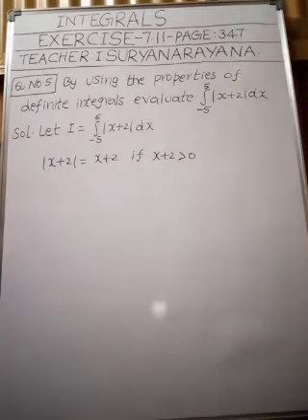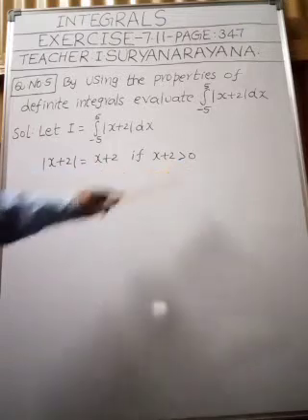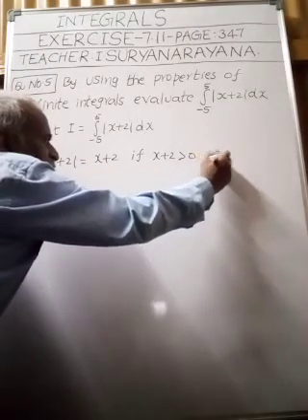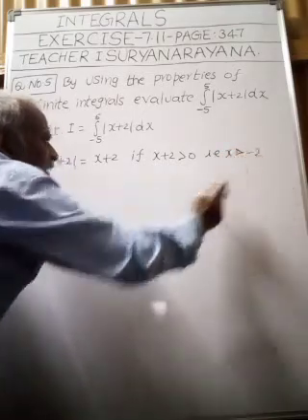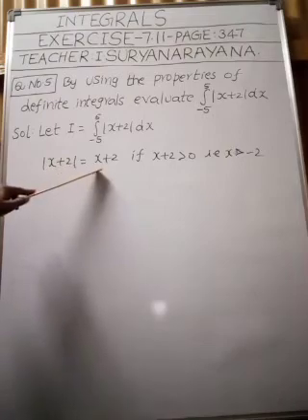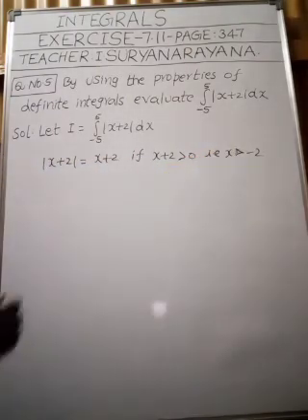Yes or no, my children? Modulus of x is equal to x if x is greater than 0. We are using the modulus function definition here. Yes or no, my children? That means x is greater than minus 2. If x is greater than minus 2, we can take modulus of x plus 2 is equal to x plus 2. Understood, my children? Right.